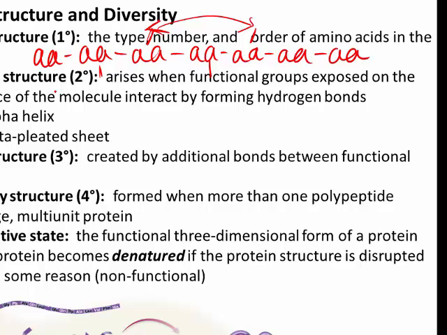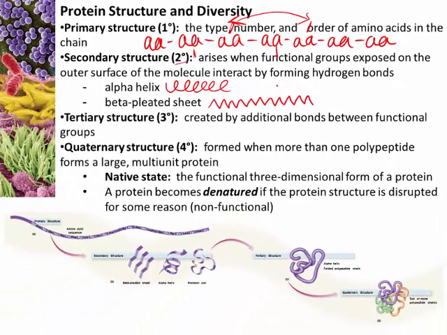This gives rise to what we consider secondary structure. And in the secondary structure, what we see are alpha helices, or an alpha helix, and beta pleated sheets that arise from which amino acids are in a specific order and which ones end up attaching to one another. So you can see that here.